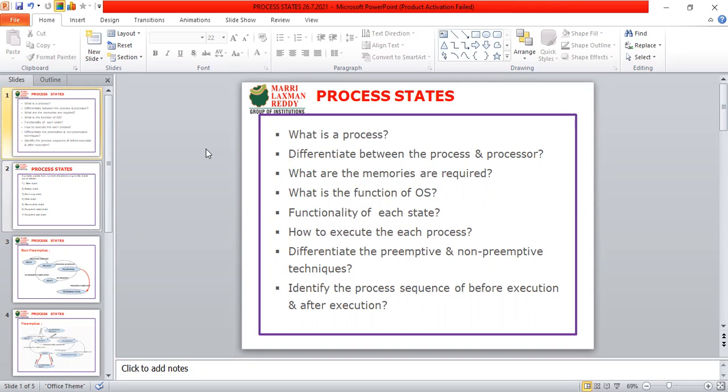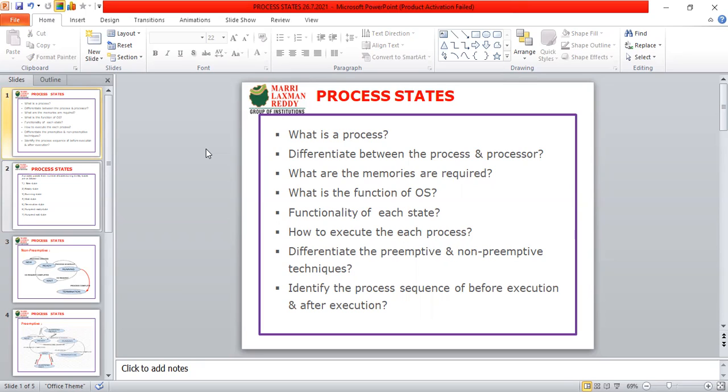The next one, differentiate between the process and the processor. The process is executed by the processor. Is it clear?